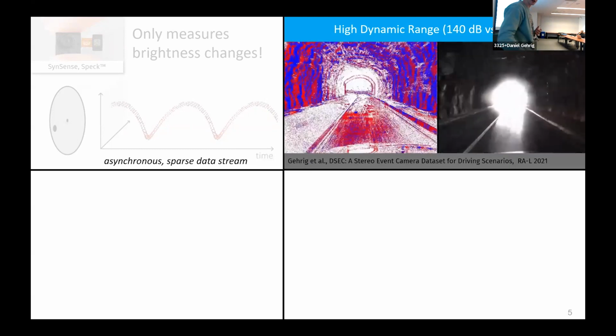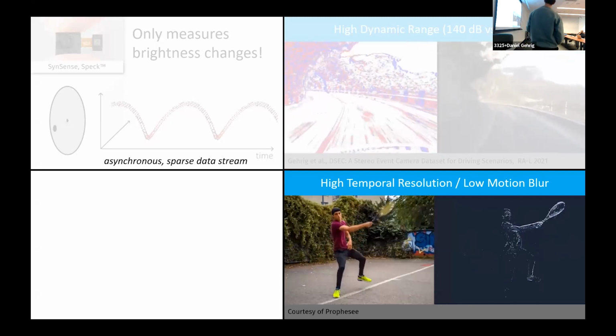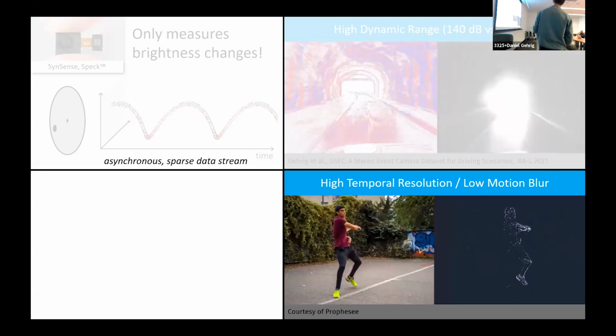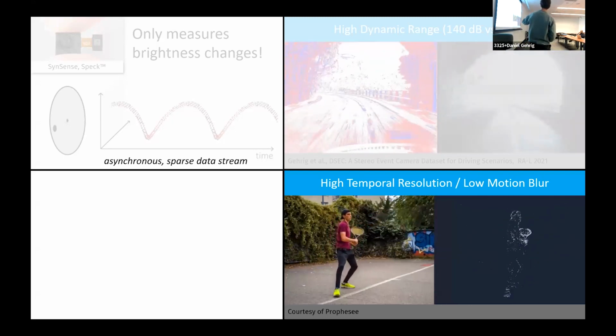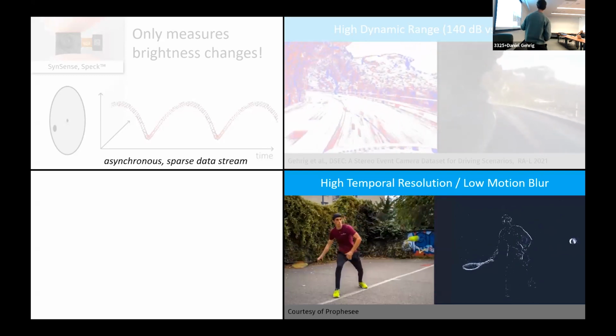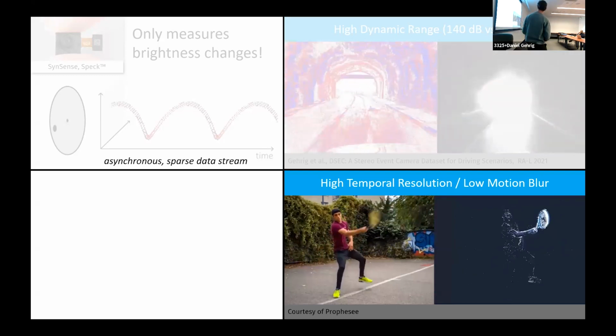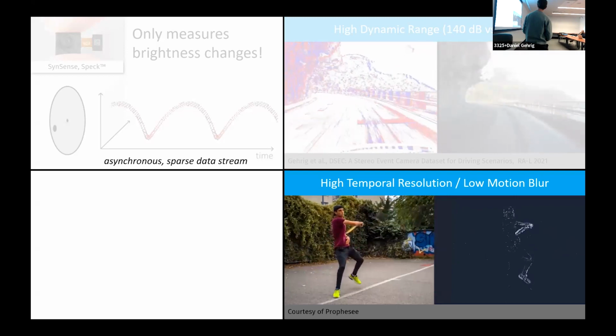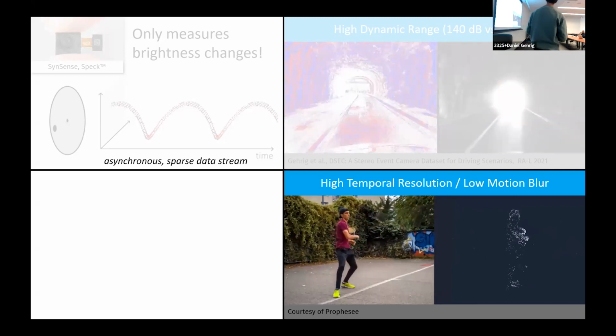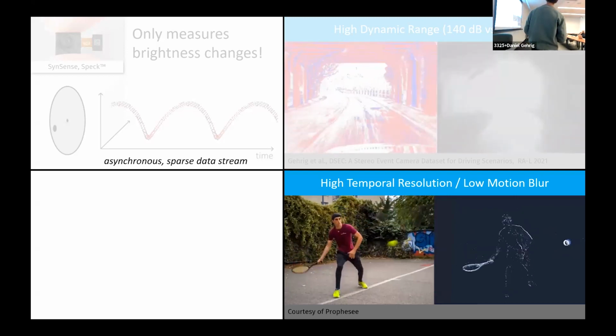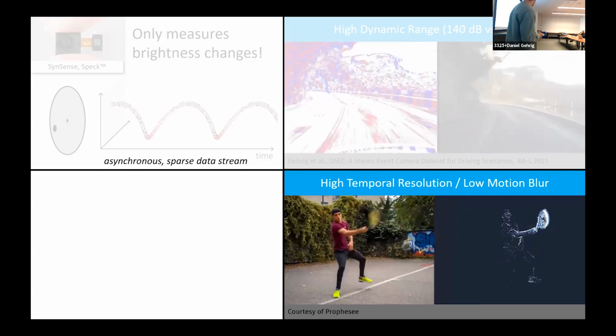Here I show you how this event looks like in very slow motion. You can see that event here it has a very low motion blur, and also it has a very high temporal resolution. So you can actually generate kind of slow motion renderings with events in this way.